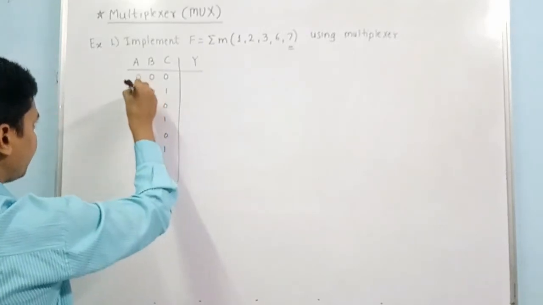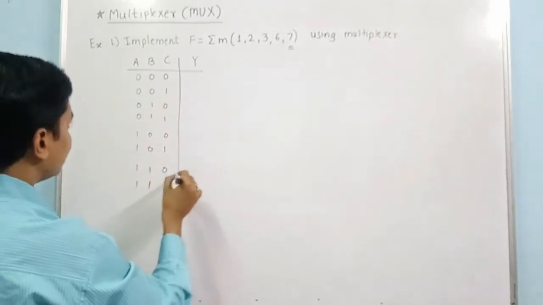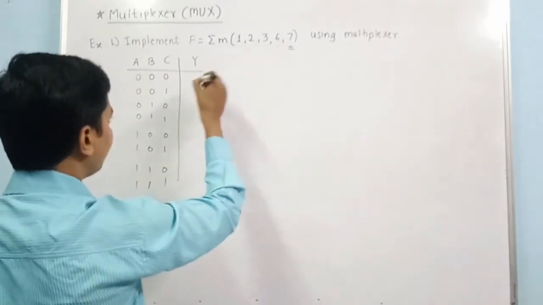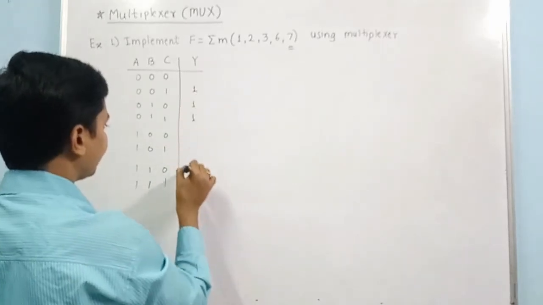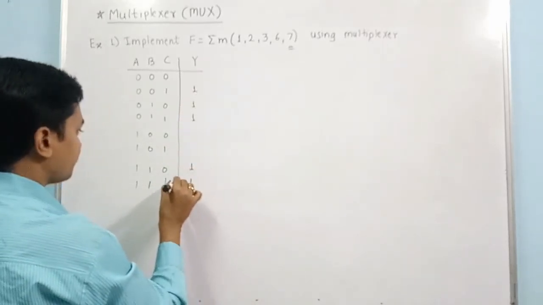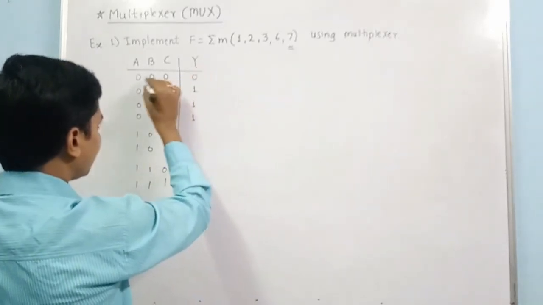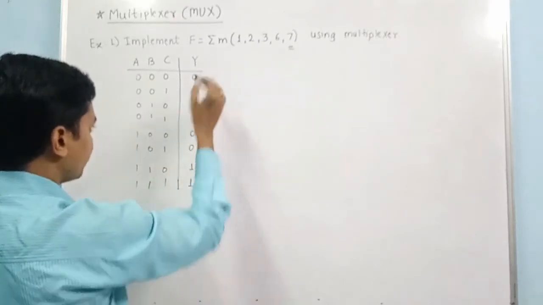Then next is 4 times 0, 4 times 1, and at these decimal values the output should be 1. So 1, then 2, then 3, then 6 and 7. Okay, and for all other combinations, the output is 0. Okay, so I will write here zeros.